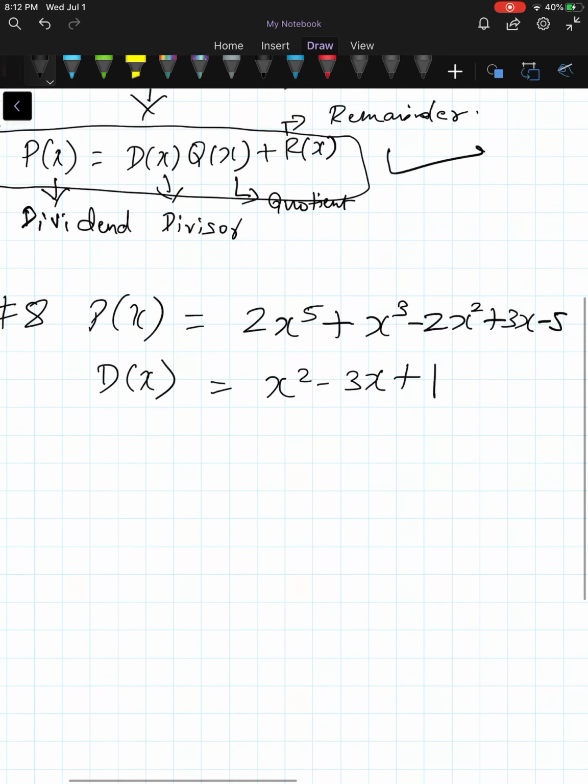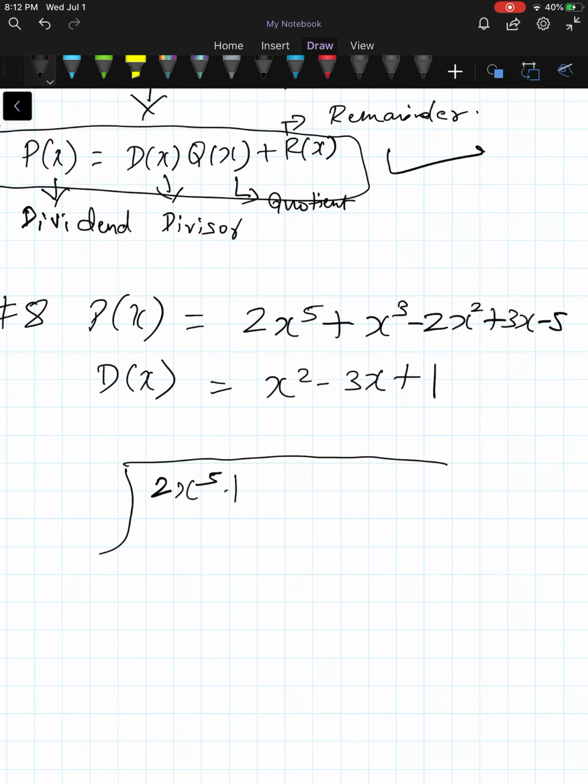To do the long division, I will write 2x to the power 5 plus x cube minus 2x square plus 3x minus 5, and our divisor is x square minus 3x plus 1. What should we multiply with x square to get 2x to the power of 5?